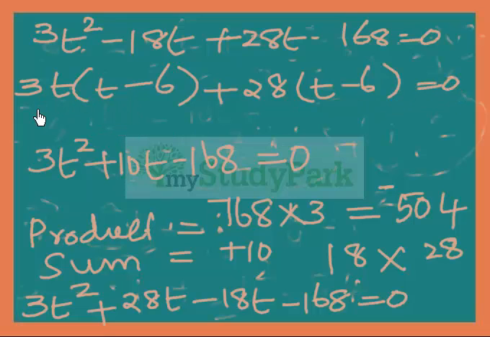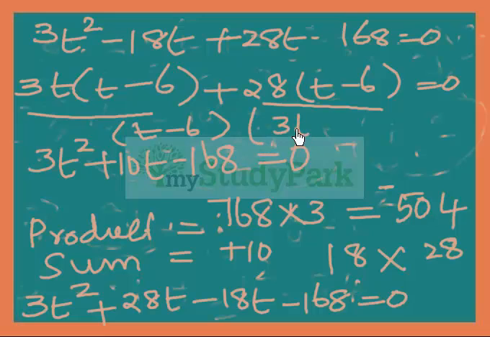You could see that between this and this, you have t minus 6 as the common factor. So you have t minus 6, you take t minus 6 out, into remaining is 3t plus 28 equal to 0.